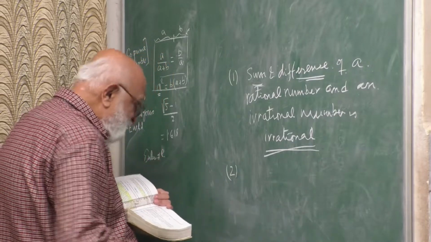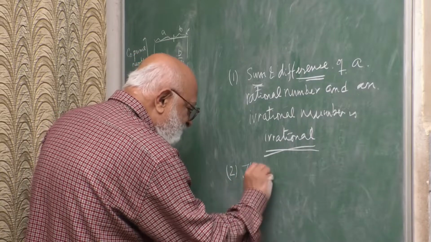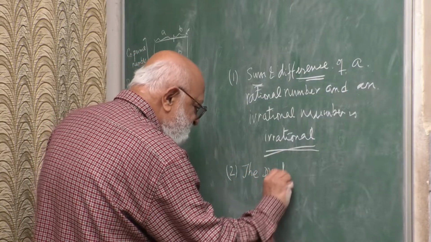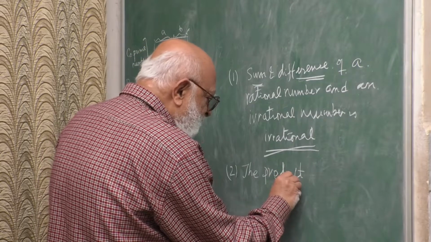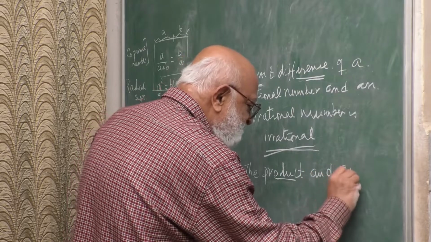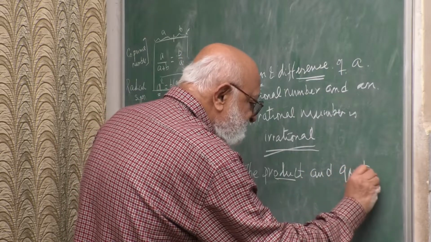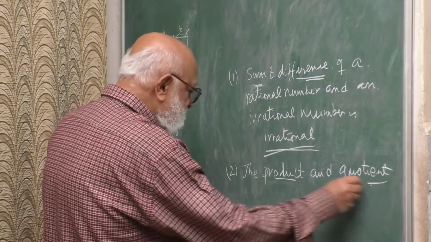Okay, what is number 2? Number 2, the product and quotient. Product means multiplication, quotient means division.